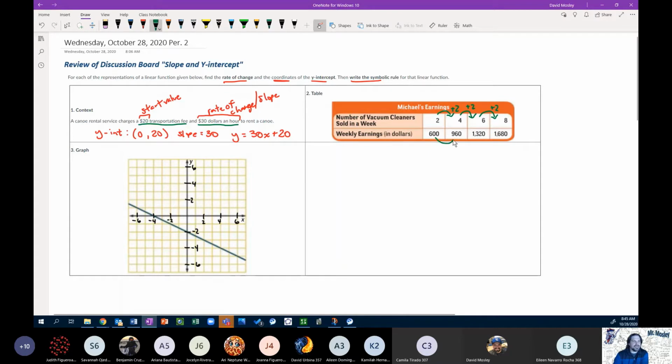And every 2 I add, I'm going up 360. So if for every 2 I go up 360, that means for every 1, we're increasing 180.